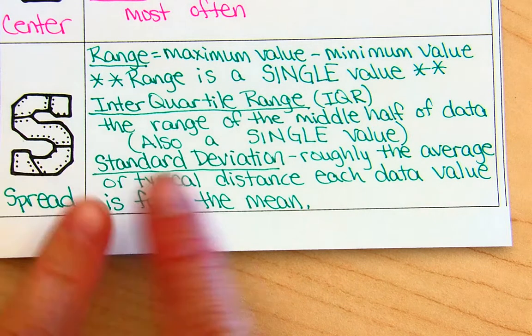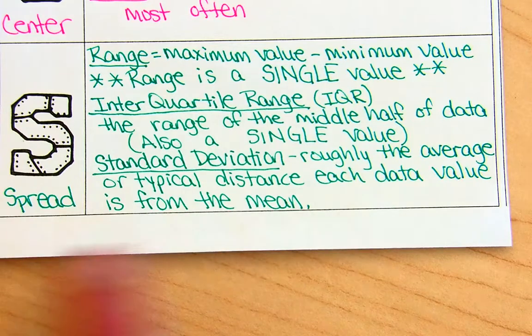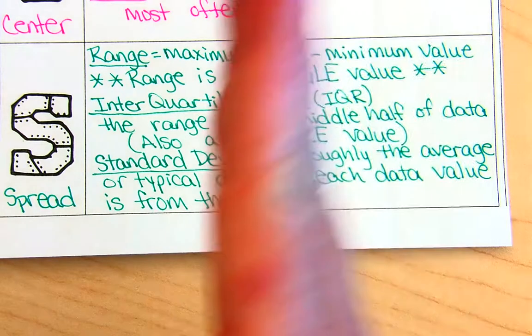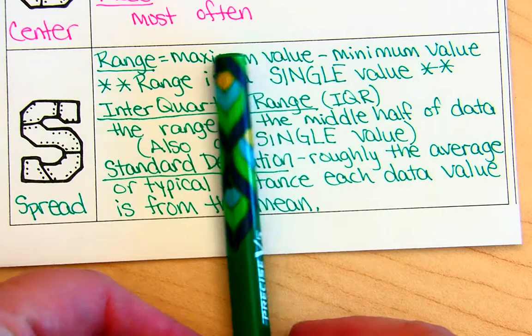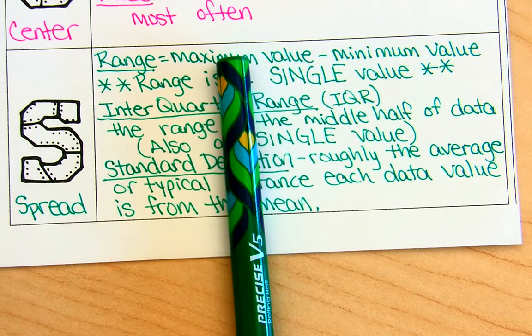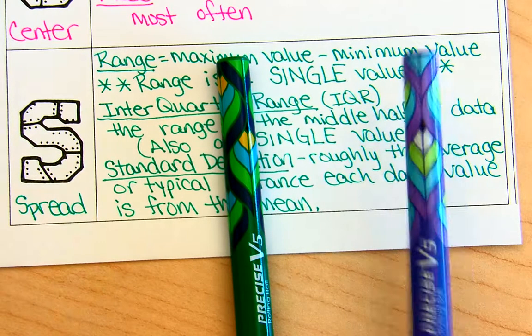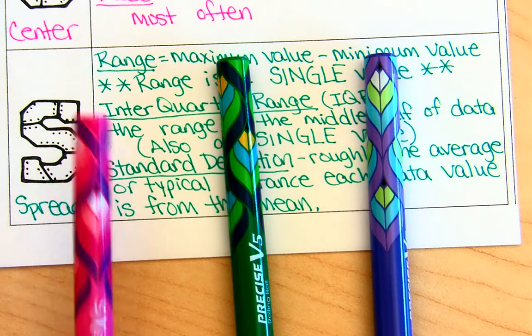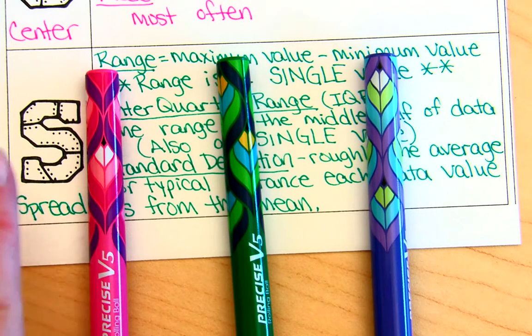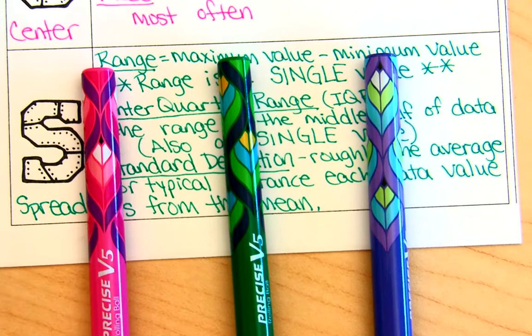Think of, I line up all of the values least to greatest. Now find the middle. That middle value, that's my median. And then I say, for this top half, I want to find the middle of that. For the bottom half, I'll find the middle of that one. So now I have 4 quarters of the data. Those are my quartiles.